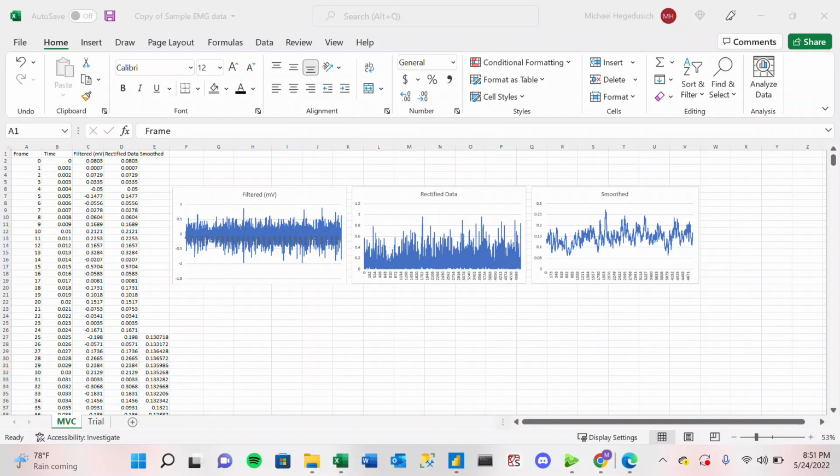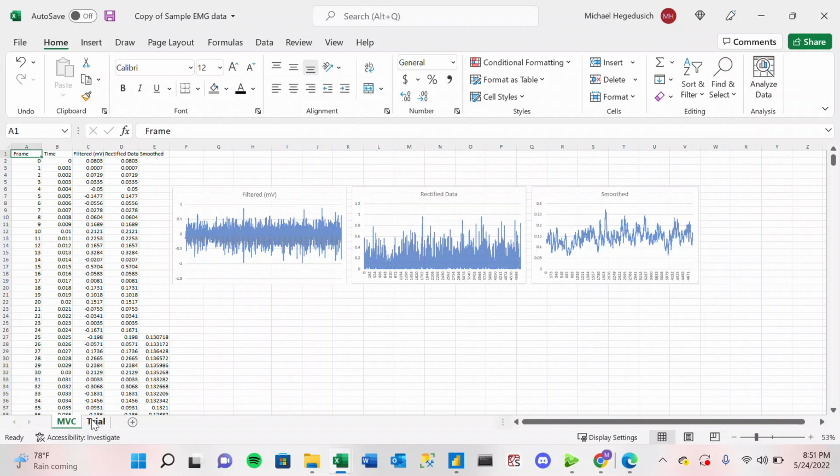From there, to smooth the data and get that last graph, we took a 50 frame moving average to remove some of the outliers and to remove some of the noise of the EMG sensors. So this is a look at what we did for the MVC trial.